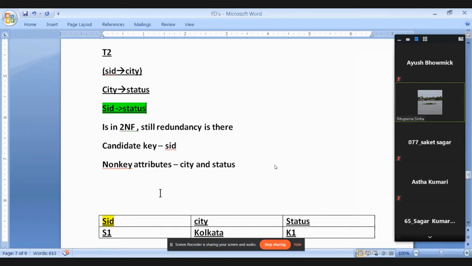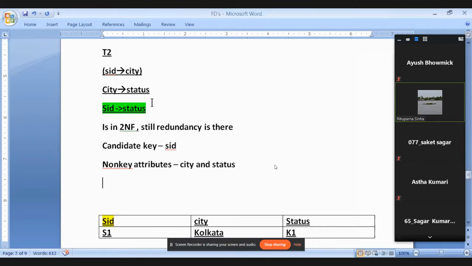But in the exam, don't simply write that a non-key relationship is there, so the table is not in 3NF. You have to write the full thing, whatever I explained: since there is a non-key relationship, I will get this FD. You have to write the complete thing, otherwise you won't be getting marks.